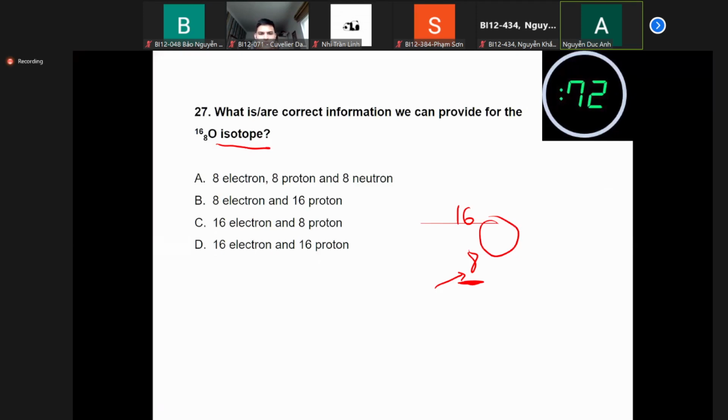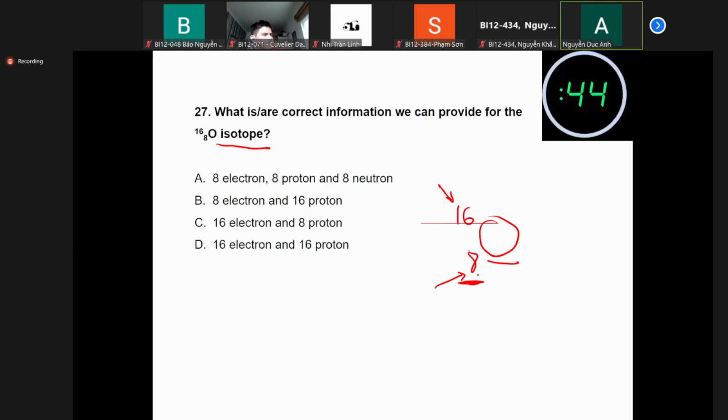So for all kinds of isotopes, you have the same number here and the symbol of the element. Different isotopes will show different values here. The mass number. Okay, the mass number here is the sum of the number of protons and the number of neutrons. So when you have different numbers of neutrons, the mass number will be different.